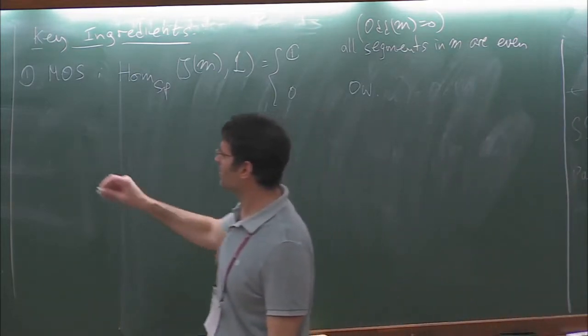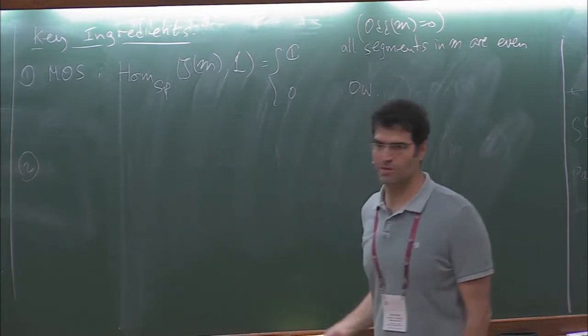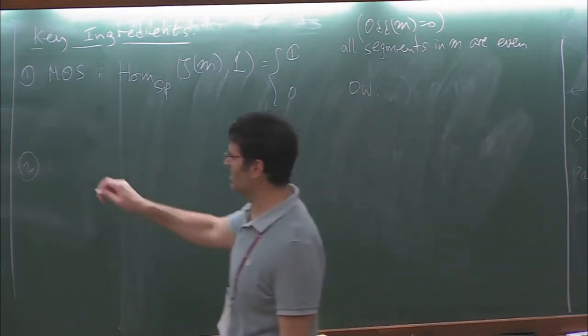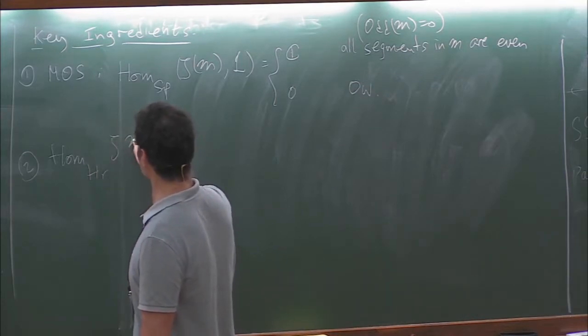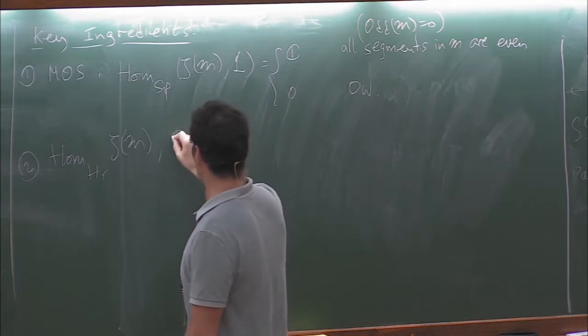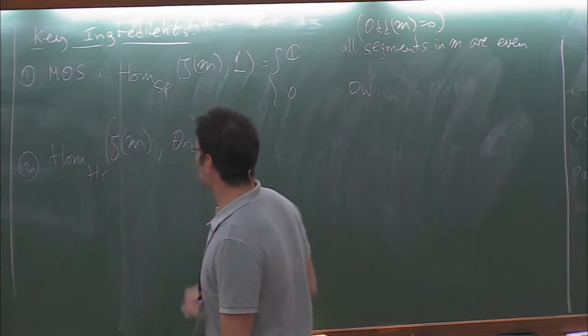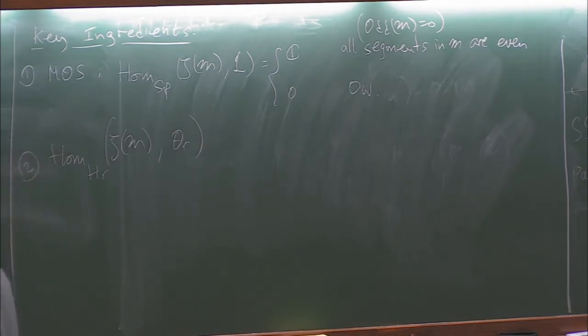And for the second ingredient, for a general Klyachko model, remember that this space, so maybe I should recall this. So let's look at the Klyachko subgroup. I guess I erased this.